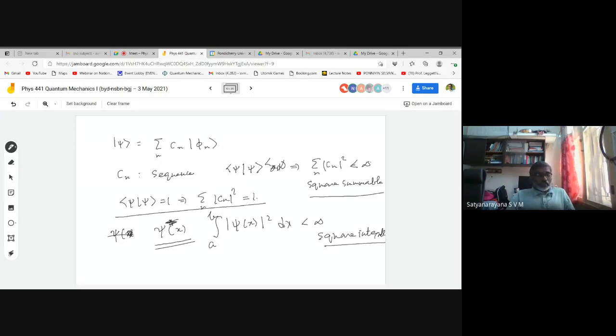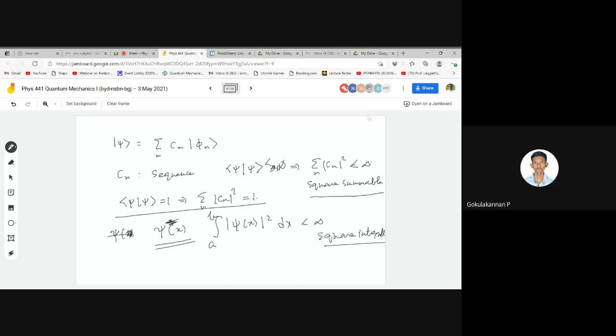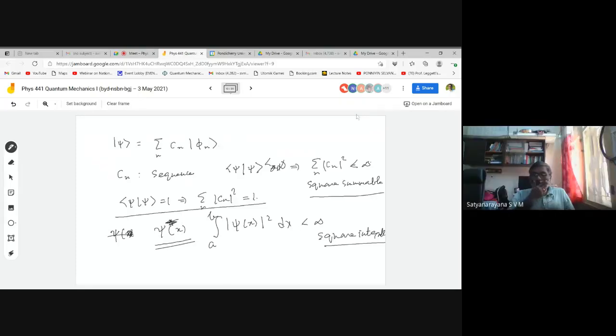Essentially, the basis in which you are trying to expand your state, if it is a continuous basis like position and momentum, then it is square integrable. If it has a discrete basis like any other quantized properties, then it should be square summable. So it can be any one. Yeah. Thank you.